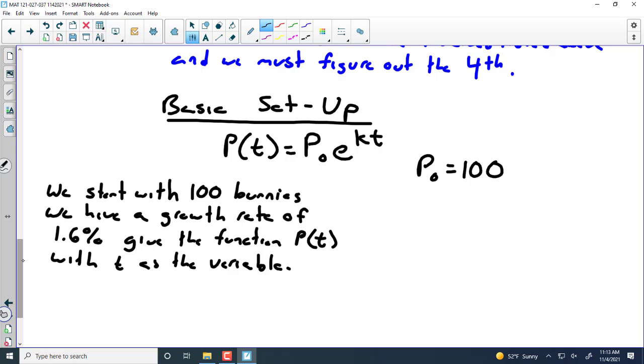What else do they tell us? The growth rate. It's a growth rate. So they tell us k is equal to 0.016. Note I did 2 things. It's positive because it's growth, and I moved the decimal, so I made it a decimal instead of a percent. So what they were looking for on this one was this function.